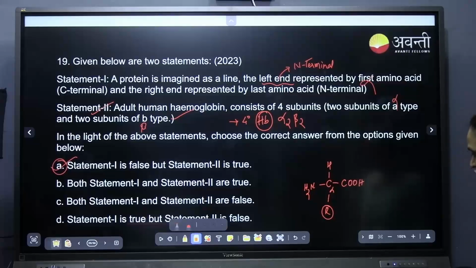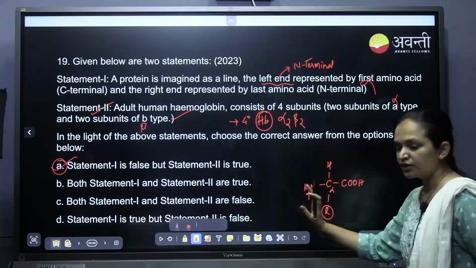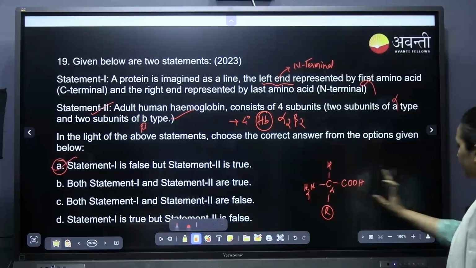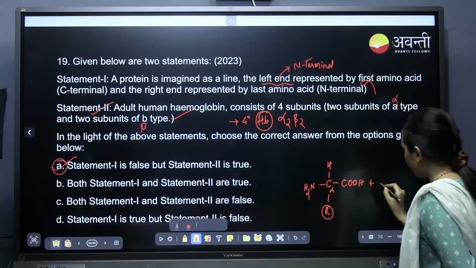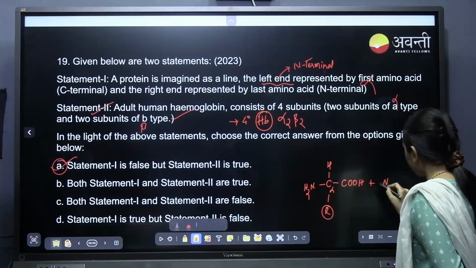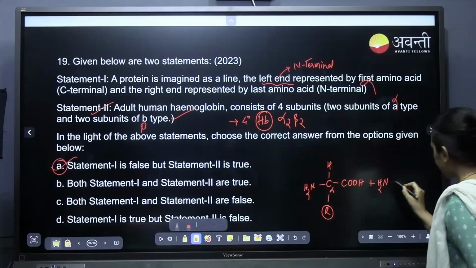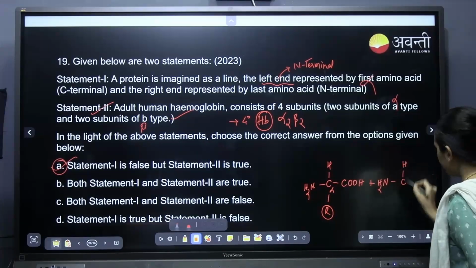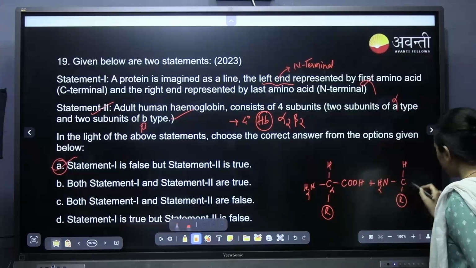If you want to keep adding amino acids, then here we will be adding another amino acid of this type: NH2, C, H, here comes the R group, and COOH.